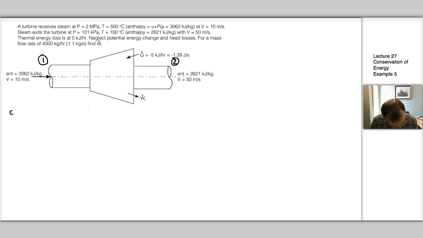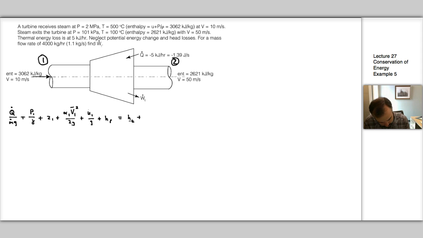So we're going to get Q dot over M dot G plus P1 over gamma plus Z1 plus alpha 1 V1 bar squared over 2G plus U1 over G plus H sub P is equal to H sub T plus P2 over gamma plus Z2 plus U2 over G plus alpha 2 V2 bar squared over 2G plus H sub L.